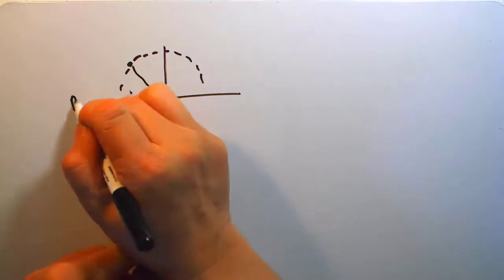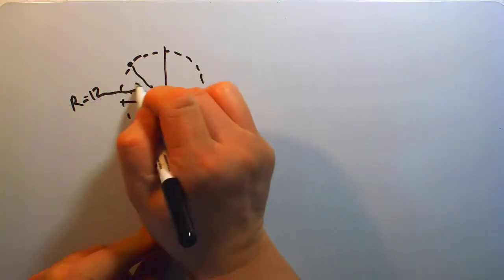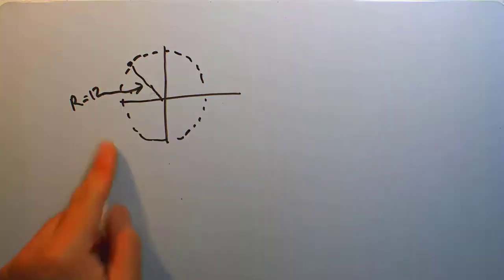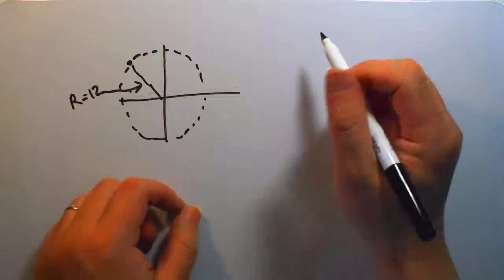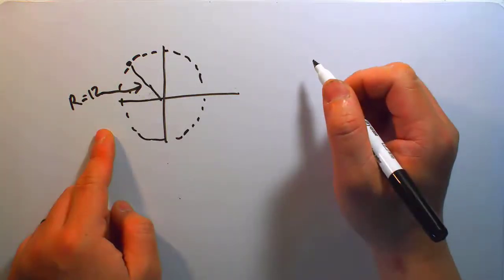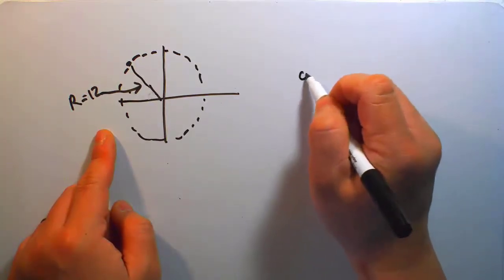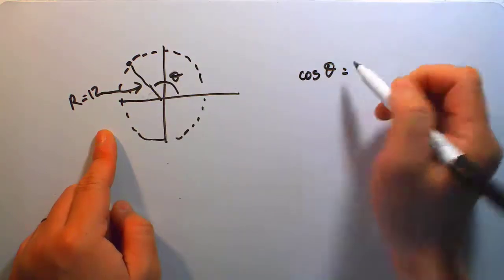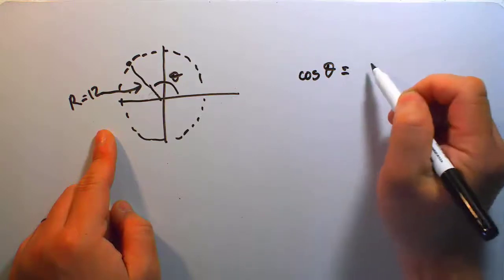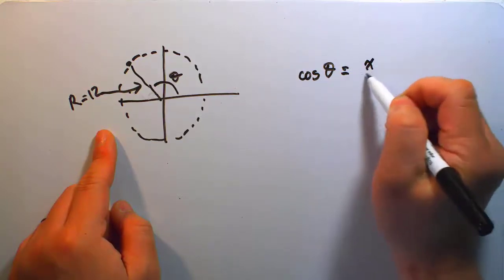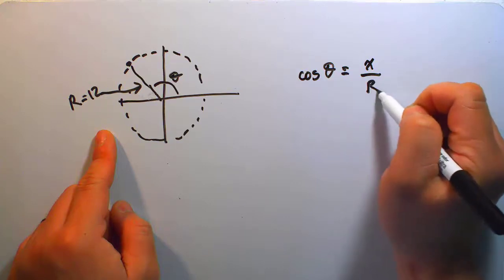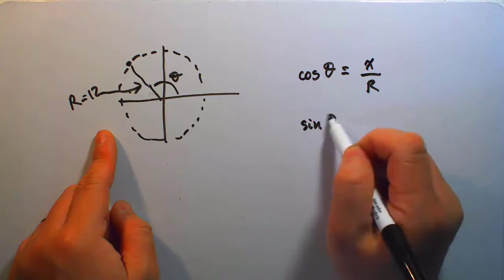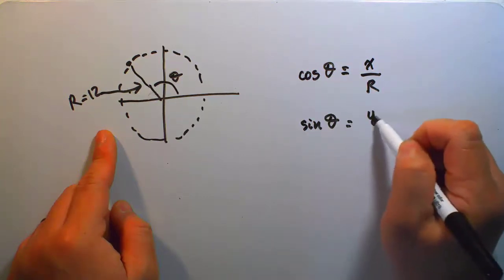Once we're no longer on the unit circle, the cosine of the angle theta is related to the coordinates as x over the radius r, and the sine value of the angle theta is the y coordinate divided by the radius.